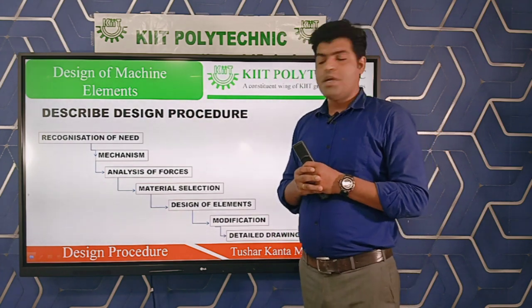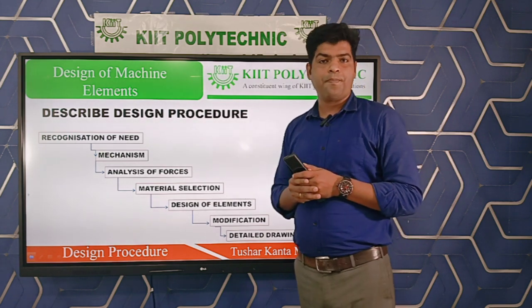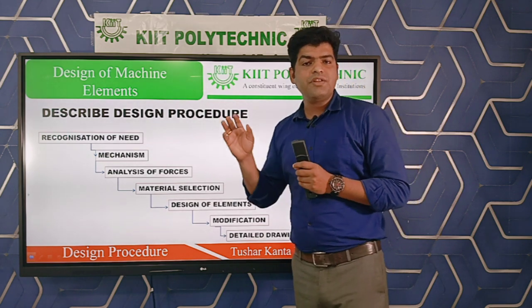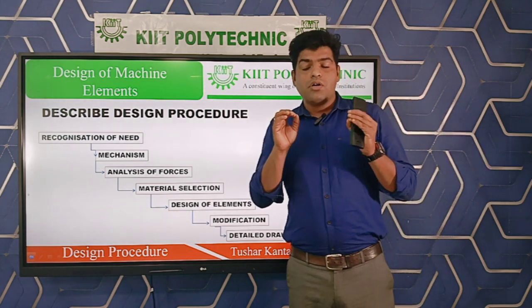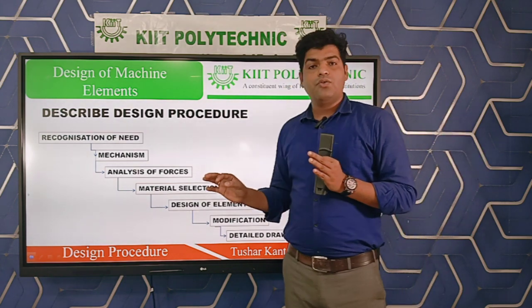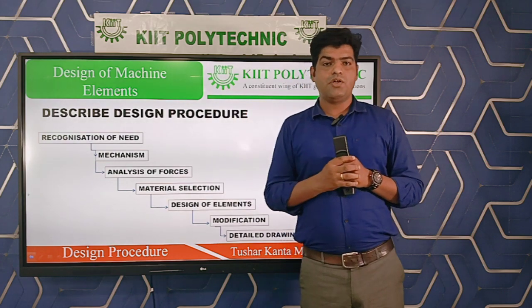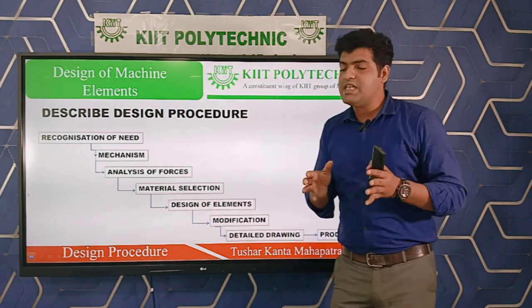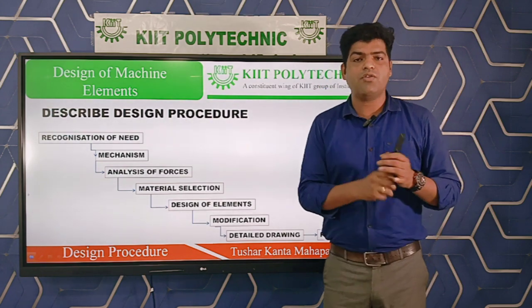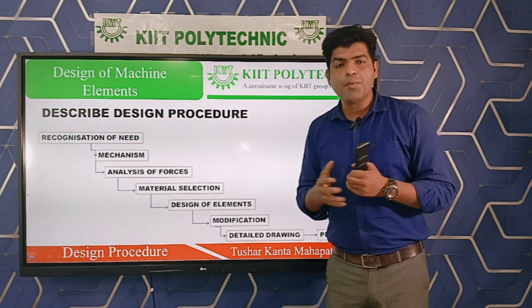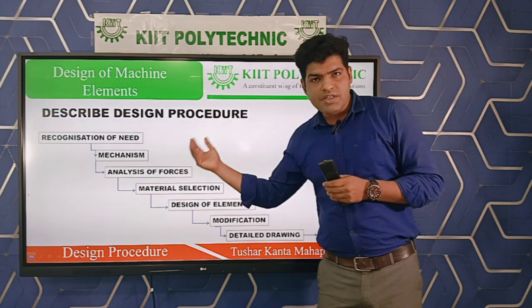Third one is material selection. Before we think about things, we already know about the material selection. We know the mechanical properties. What sort of properties are basically used for this design? We just find out those things.